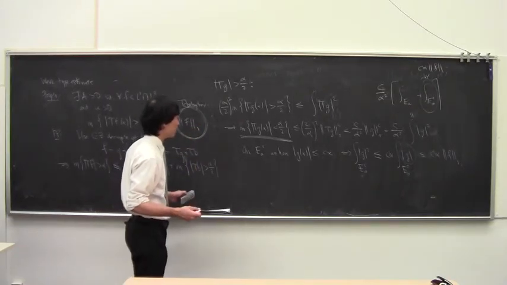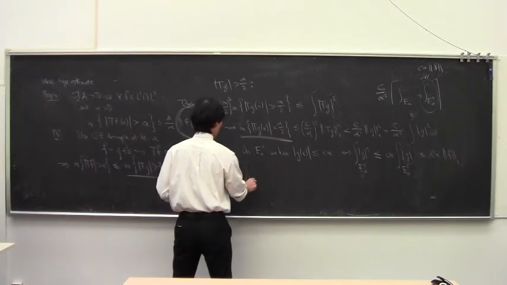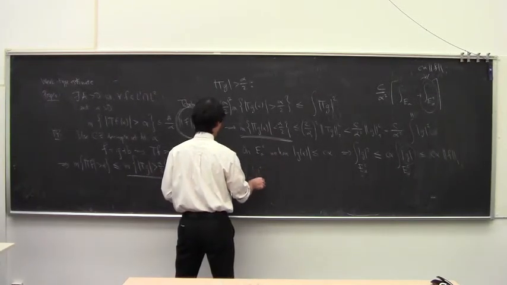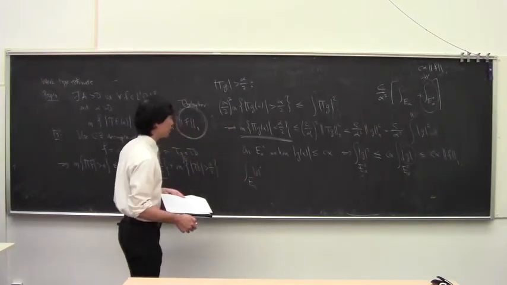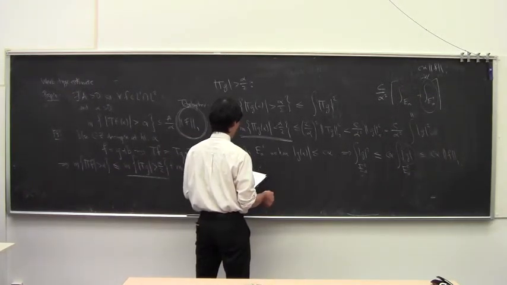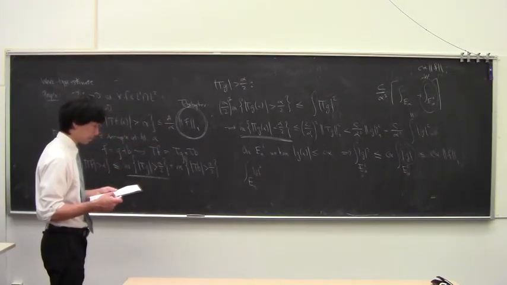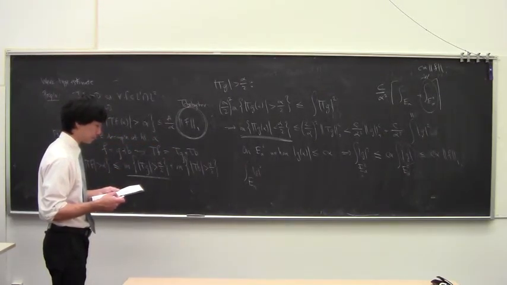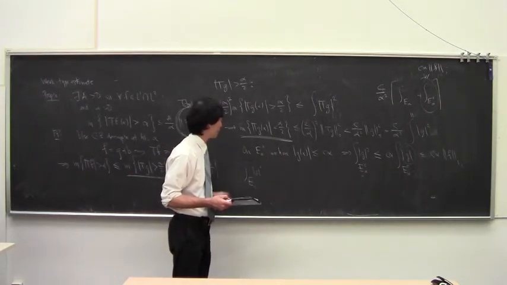Then on the other part, let's look at the integral of g squared over E alpha. Well, we're going to be even more crude about it. In fact, what am I saying?